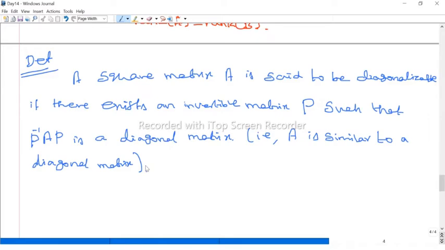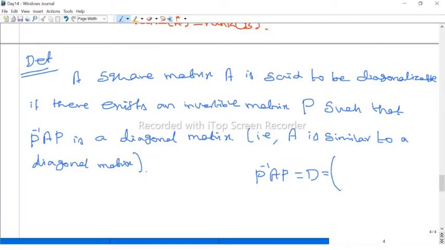So don't confuse diagonal and diagonalizable. Not all diagonalizable matrices are diagonal; diagonal matrices are diagonal. Keep that in mind. So this P inverse AP should be D. What is this D?